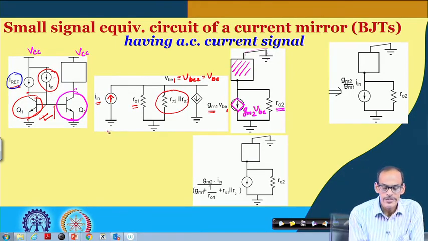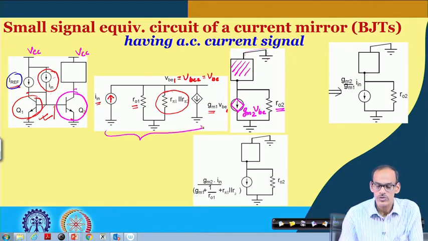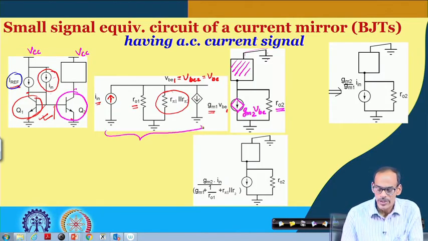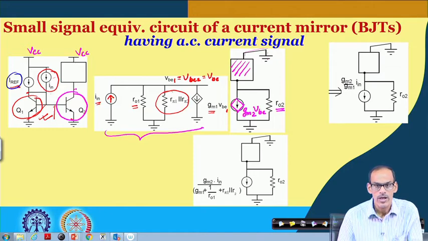Now, if you analyze this circuit, again similar to the previous case, namely the MOSFET based current mirror, you can get the expression of VBE in terms of I in.